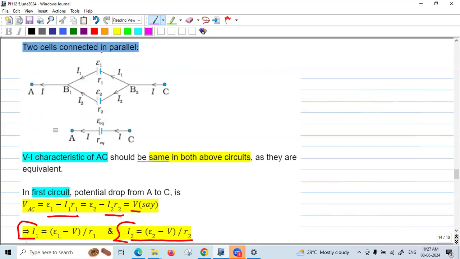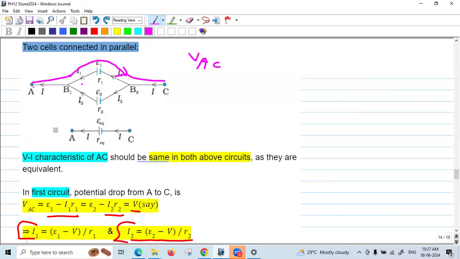So for the first one, I can write the drop from B1 to B2 along this path. The potential at V1 is the same as A, so instead of writing V1, V2, I can write V_AC. The drop from here to here is the same as the drop from here to here, because this part is a connecting wire. Ideally a connecting wire has zero resistance, so there is no drop there.